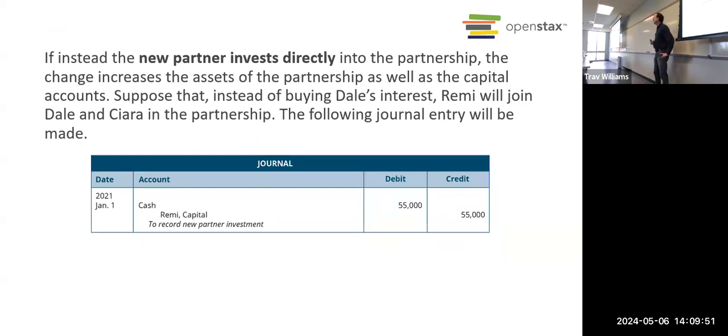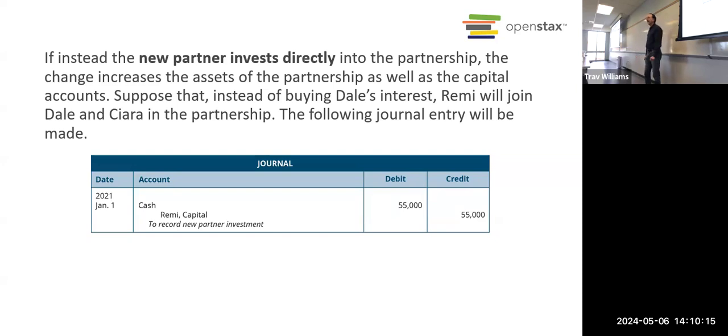Another way, let's say Remy says, I don't want to deal with Dale. I don't want to talk to him. I don't want to write him a check. I'd rather give my $55,000 directly to the partnership. Partnership would say, okay, give us the cash and we'll give you $55,000 in capital and we'll deal with Dale.